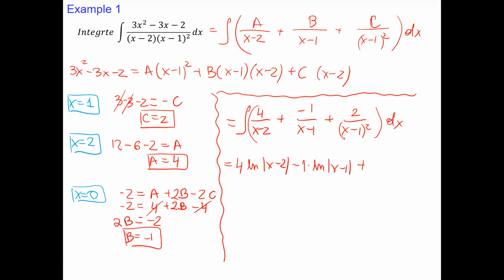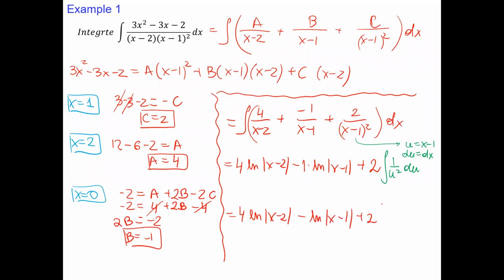And this one, we have to be careful. I will put 2. We have the quantity x minus 1 to the power of 2. If we let u be x minus 1, du is dx, we will end up with the integral of 1 over u squared du, which is u to the negative 2.